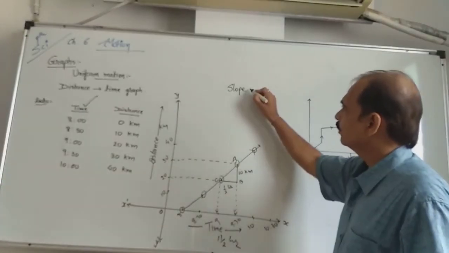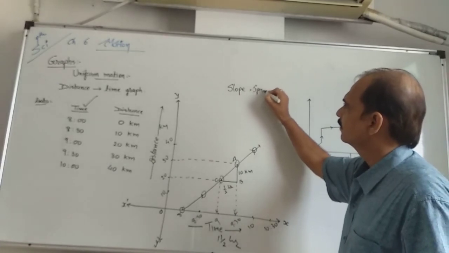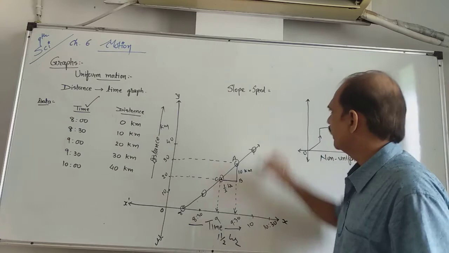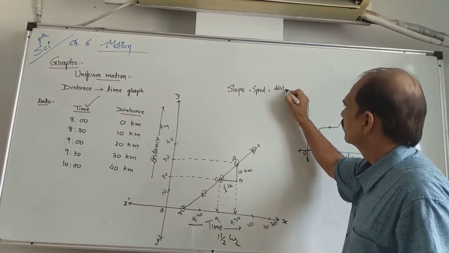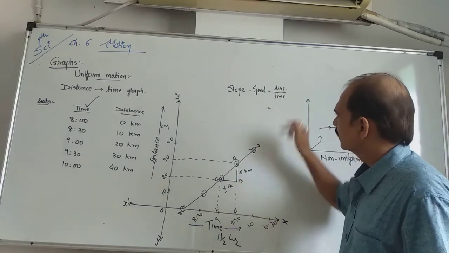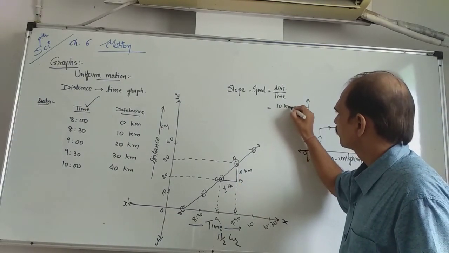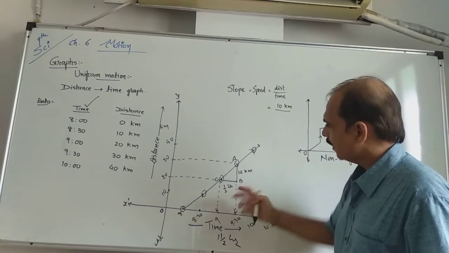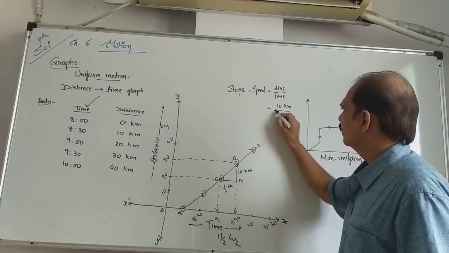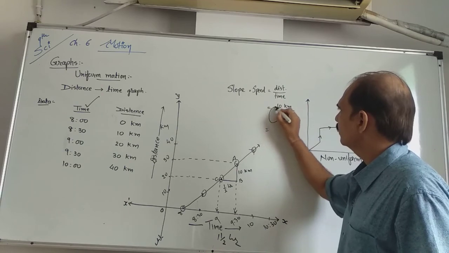So slope means what? Speed. Slope is called the speed of the object. Speed means distance upon time. Distance is 10 kilometer. To cover 10 kilometer, time taken is half an hour. You know, the denominator of the denominator is the numerator.